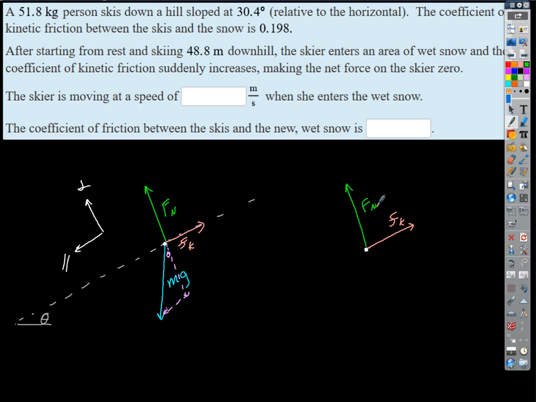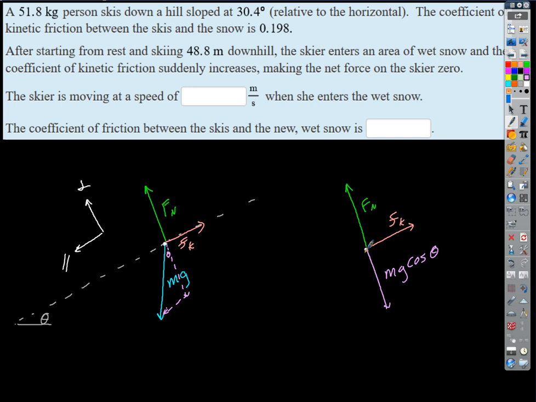So what's this component going to be right here, the one that's perpendicular to the slope? mg cosine, it's going to be adjacent to the angle, right? Agree with that? So here's mg cosine of theta. I'm just going to call it theta, so I don't have to write big numbers.